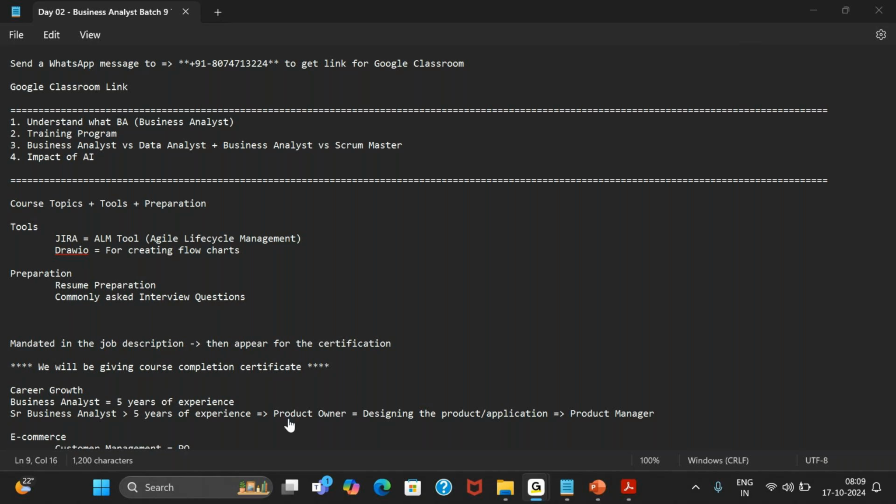Free time means breathing time. A tester, for example, will have time: after receiving the requirements, 1 week for test case preparation, 1 week for review, and a third week for execution. Developers are the same. But for a BA, what is the breathing time? I am asking.